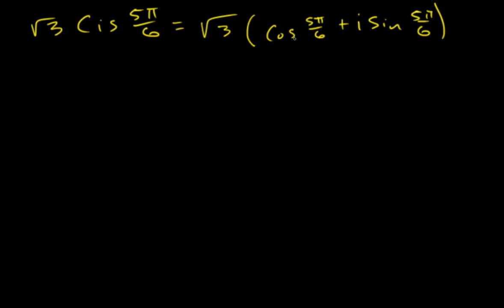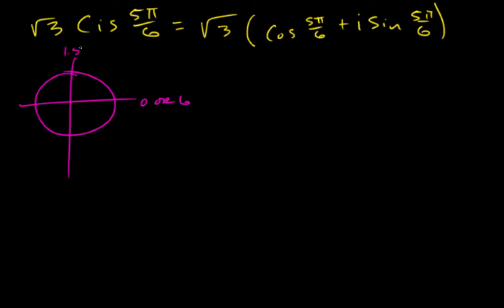And so if we figure out what cosine of 5 pi 6 is, we can come to our unit circle. 5 pi 6 is basically like if we think of this like 0 or 6, this is 1.5, this is about 3, this is 4.5.